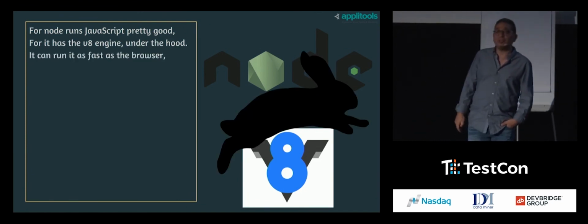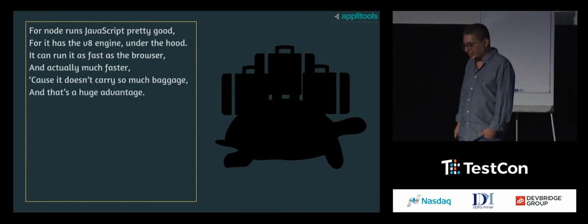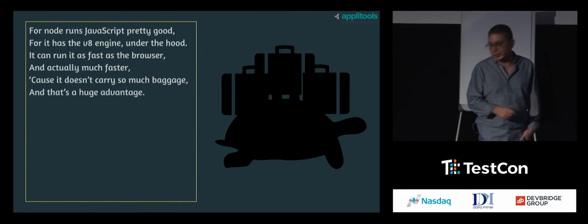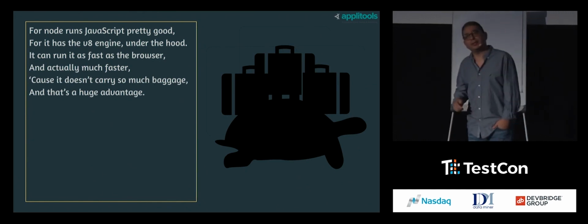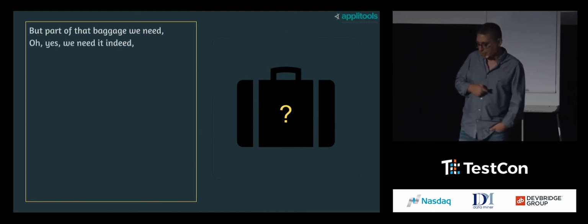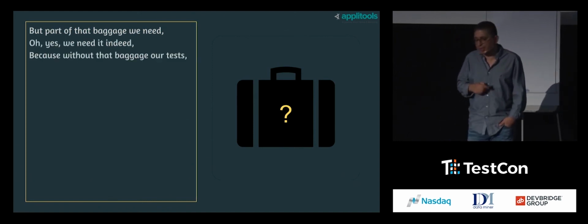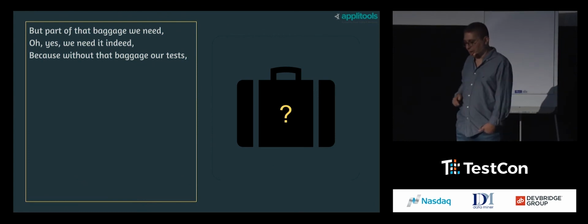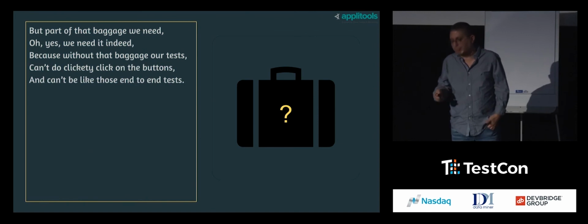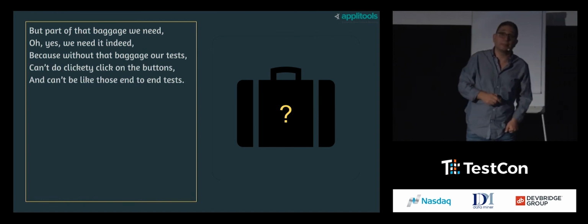It can run as fast as the browser, and actually much faster, because it doesn't carry so much baggage, and that's a huge advantage. But part of that baggage we need. Oh yes, we need it indeed. Because without that baggage, our tests can't do clickety-click on the buttons and can't be like those end-to-end tests.